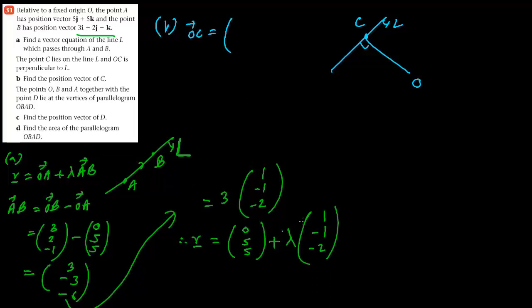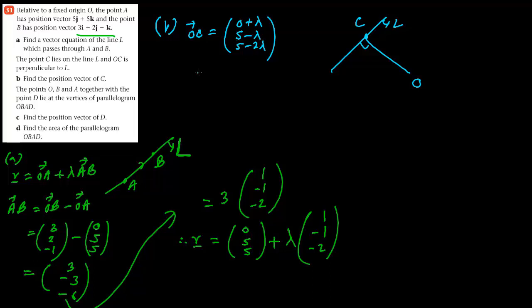So that means 0 plus lambda, 5 minus lambda, and 5 minus 2 lambda. This is the line L written in ijk format. It is an arbitrary position vector for any unknown point, so we can write OC like this.